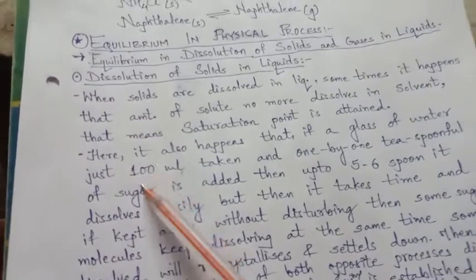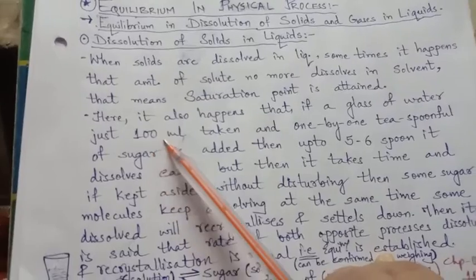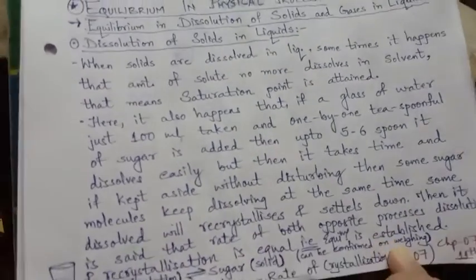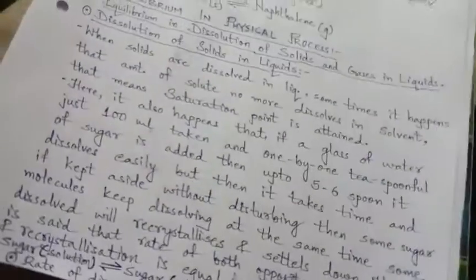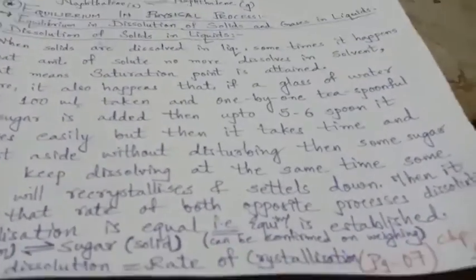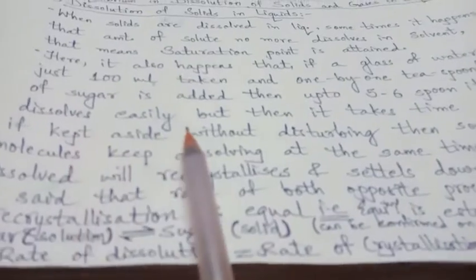See how it happens. If a glass of water, just 100 ml, is taken, and one by one teaspoonful of sugar is added, then another teaspoon of sugar, right? Then another. So like this, if we add 5 to 6 spoons in it, it dissolves easily.